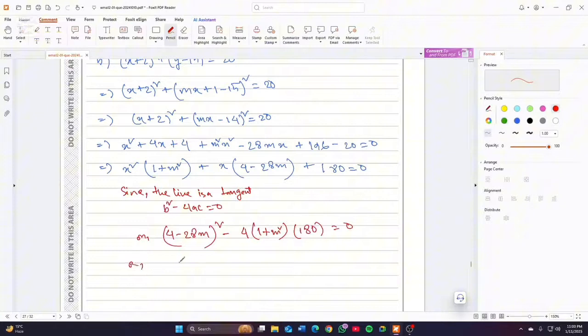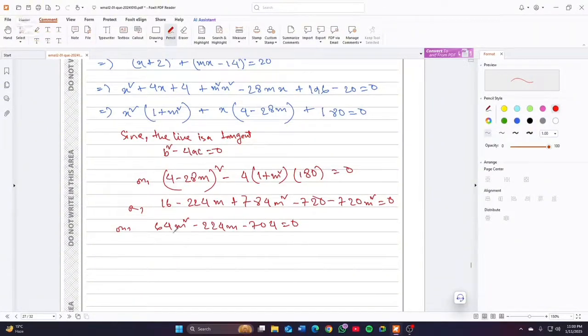Further simplification: 16 minus 2 times 4 times 28 is 224m, plus 28 squared is 784m squared, minus 720, since 4 times 180 is 720, and again minus 720m squared equals 0, or 64m squared minus 224m minus 704 will be equal to 0.